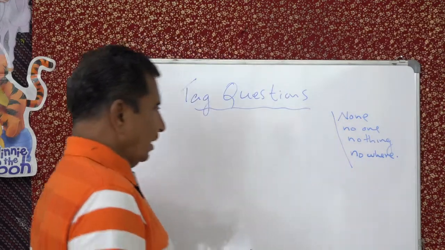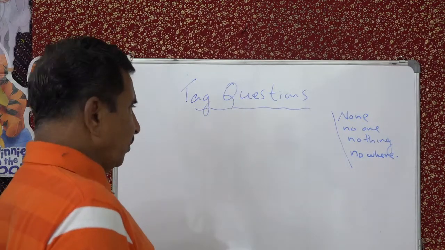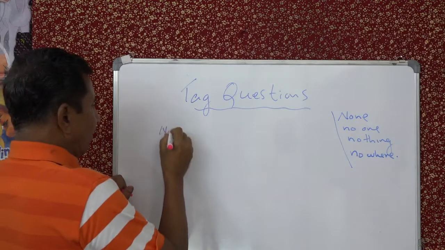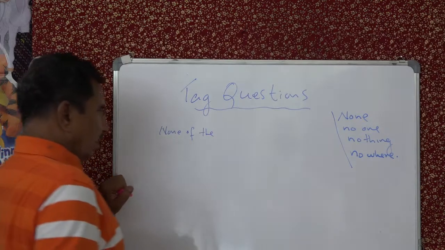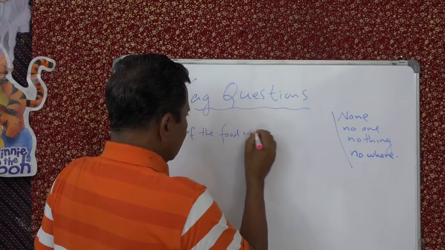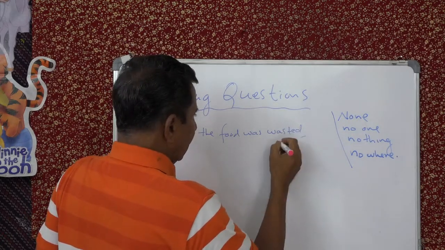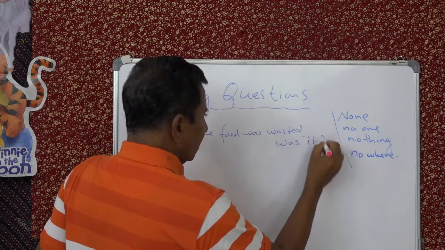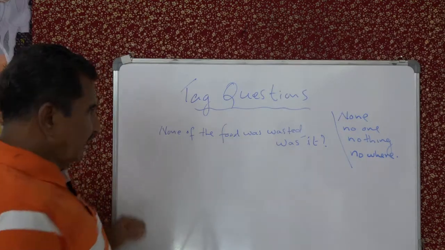Let's say you say a sentence like this: none of the food was wasted. What will be the tag? Comma, was it? Because the meaning is negative. Okay. Understand?